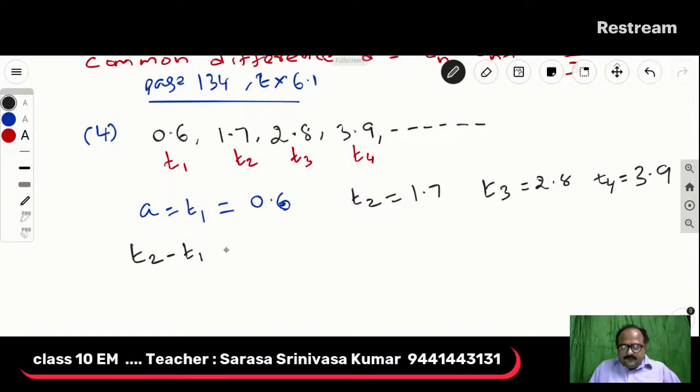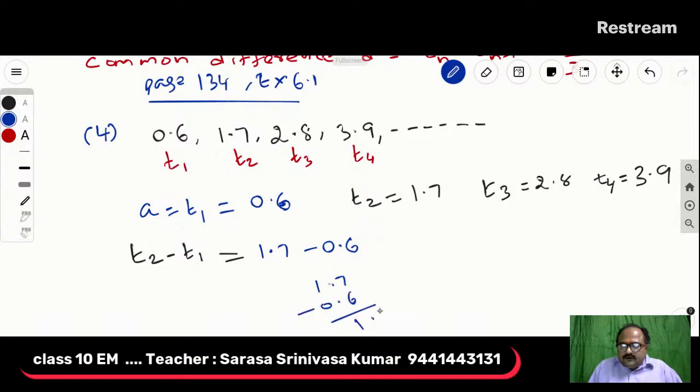Here, by saying the problem itself, you will be able to answer the question. I am writing the steps for examination purpose only. You can understand these problems very easily. T2 is 1.7 minus 0.6. We can calculate 1.7 minus 0.6.